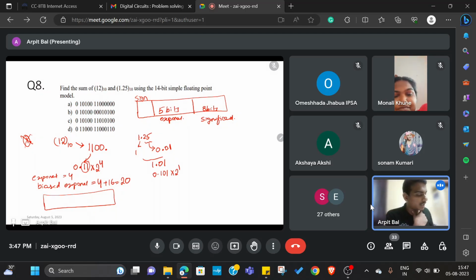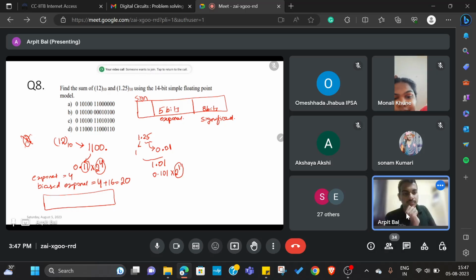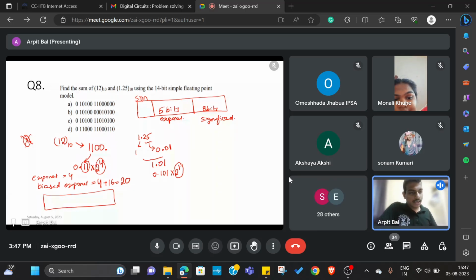Now you can see the exponents are different. In one case the exponent is 4, and in the other the exponent is 1, right? According to the rules defined for arithmetic of simple floating point numbers, whichever number has the lowest exponent, we need to increase it to match the highest exponent.